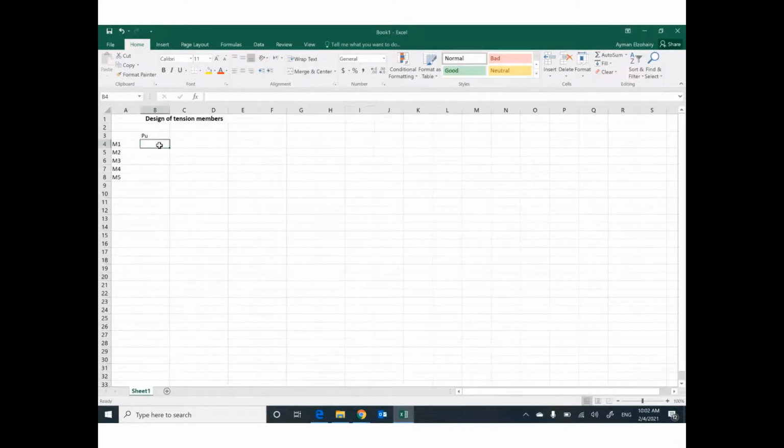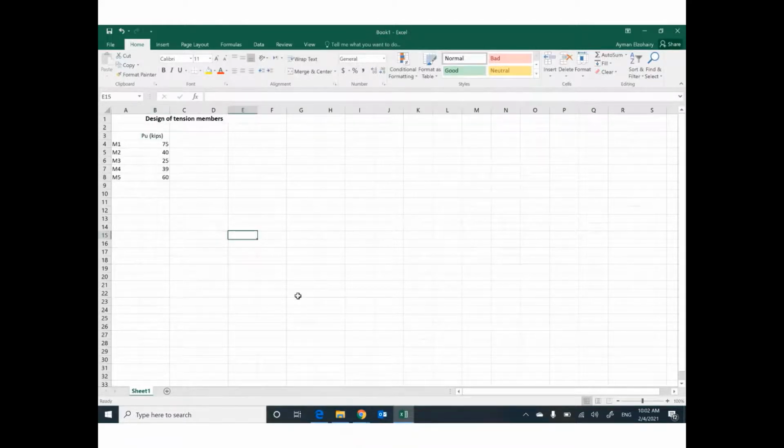And from RISA, I can figure out the value of P ultimate of each member. For example, I will assume this one is 75, this one will be 40, this one will be 25, this one will be 39, and this one will be 60, for example. And if you'd like to be more specific, this P ultimate in kips.